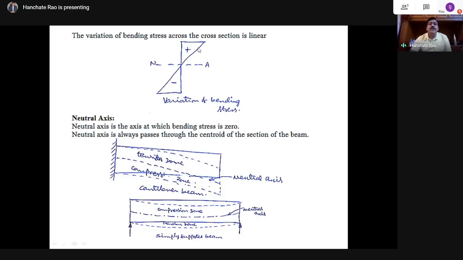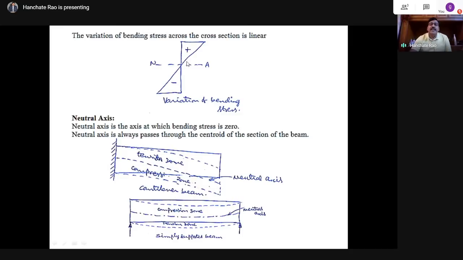Here, if you see the variation of the bending stress, this is the neutral axis. In the case of a simply supported beam, above the neutral axis we have the compression zone, so compressive stresses, and below the neutral axis we have tensile stresses. In the case of a cantilever beam, it will reverse.